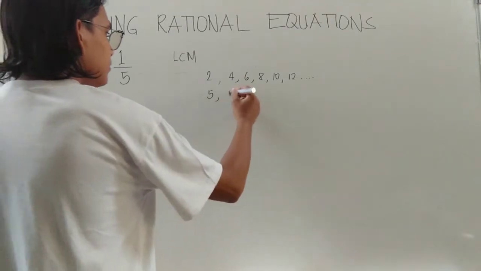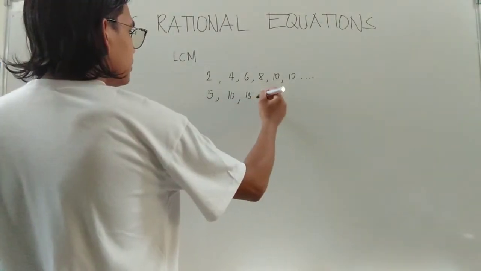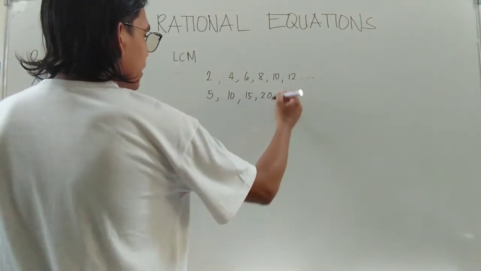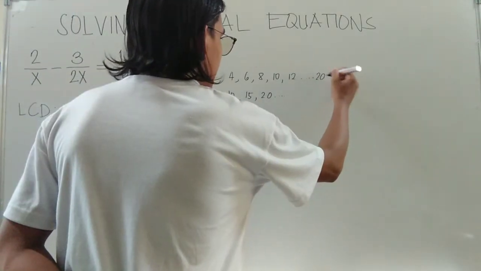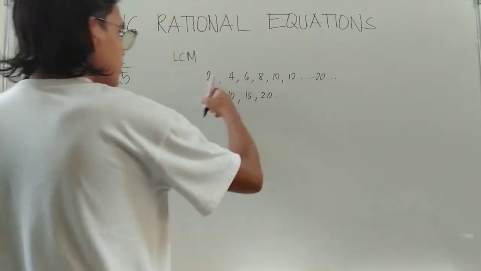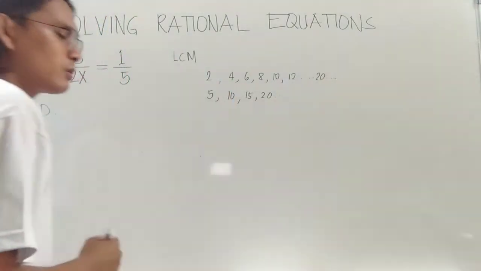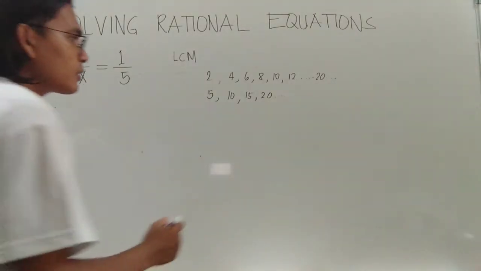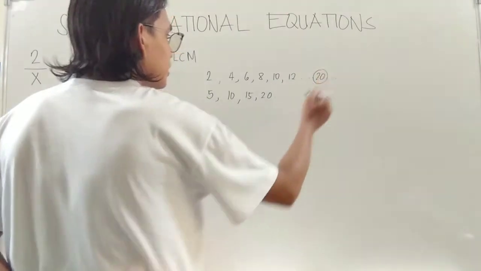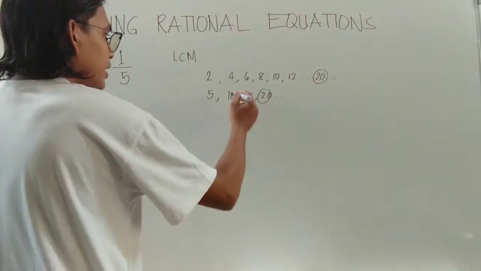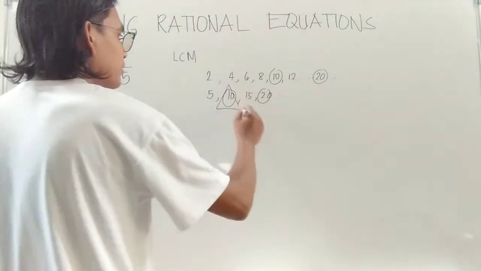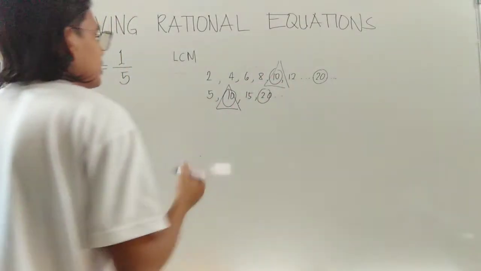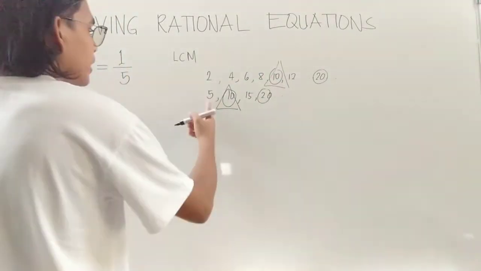Then we have 5, 10, 15, 20, and so on. If you can see, the common multiples are 10 and 20, but we will use 10 as the LCM of 2 and 5.